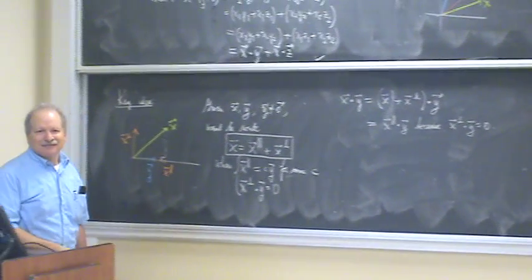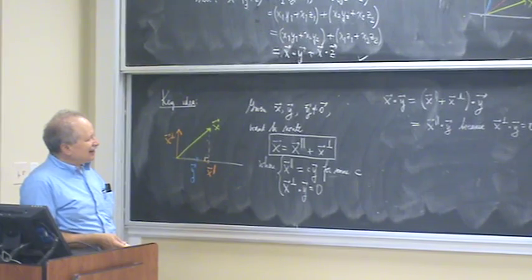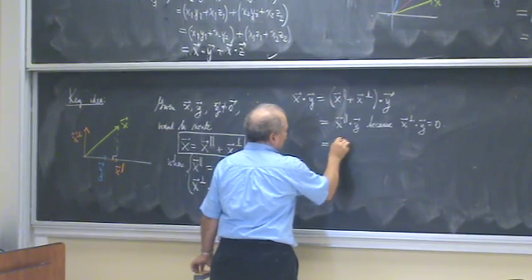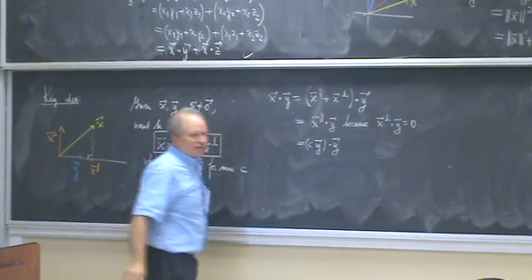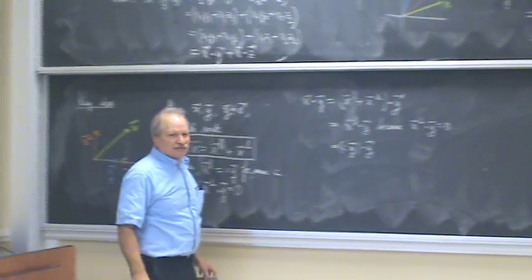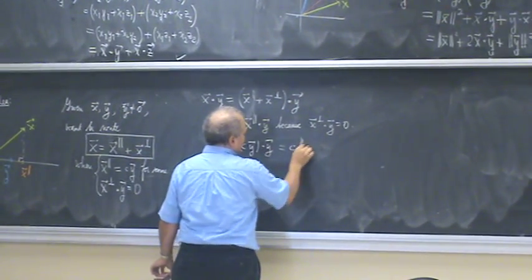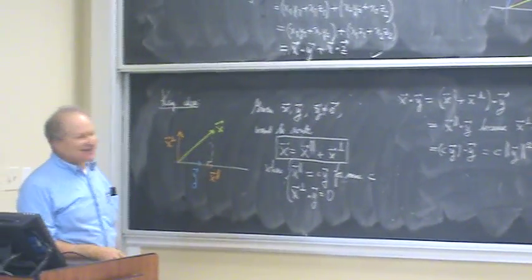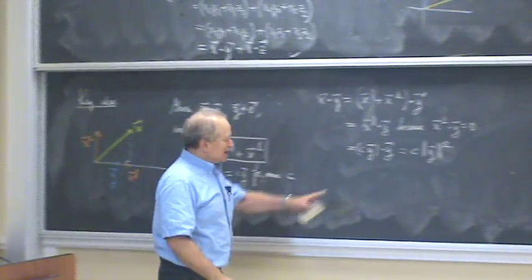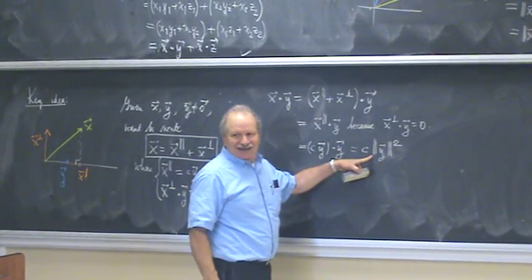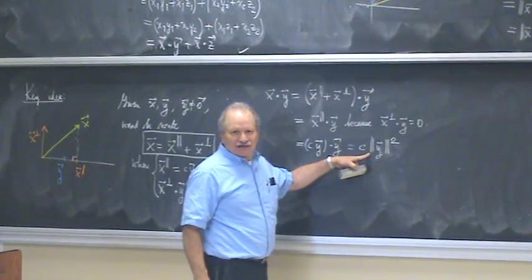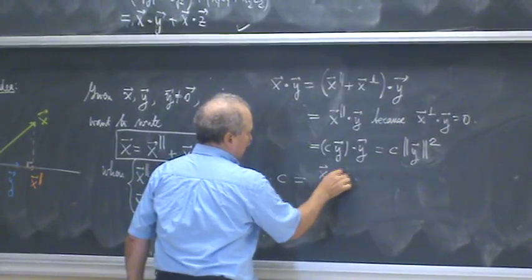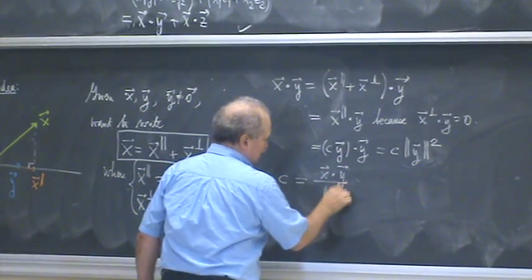Now what? Because you already defined the parallel part as c times y, a scalar times y, then all you have to do is figure out what c was. So if you do cy dot y, then you get c times the magnitude of y squared. And very conveniently, I assumed that y is not 0, which means this isn't 0, so I can do what with it? Divide. So c is going to be x dot y over magnitude y squared.